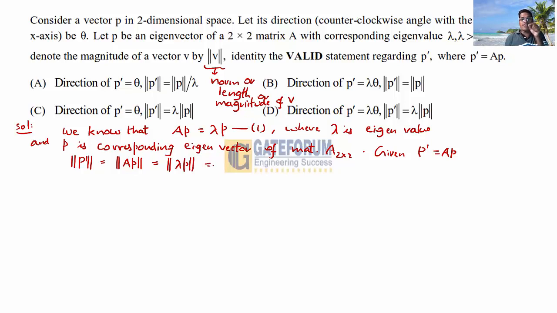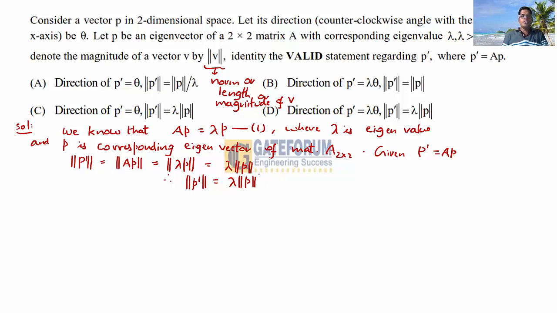Magnitude is for a vector or matrix only, and vector here means a 2D vector. So finally, the magnitude of the vector P dash is the same as lambda times the magnitude of the vector. Okay.